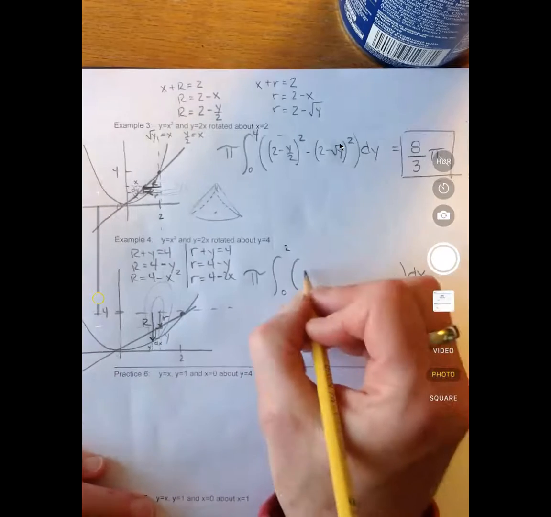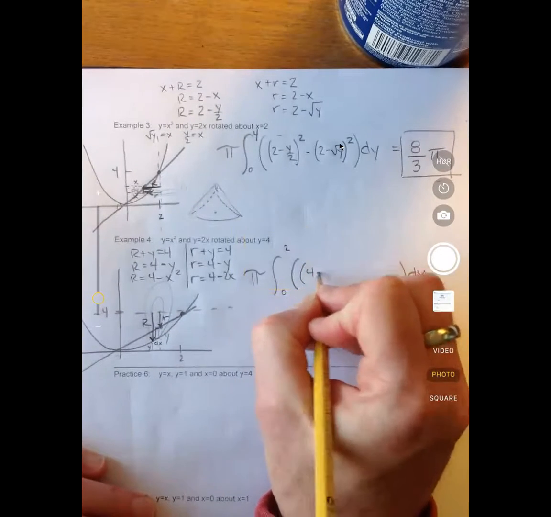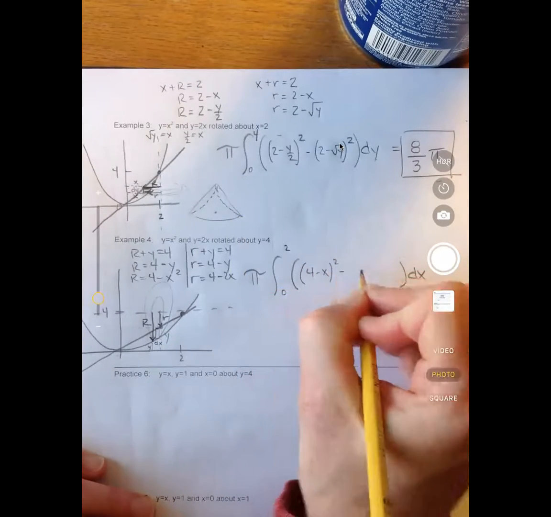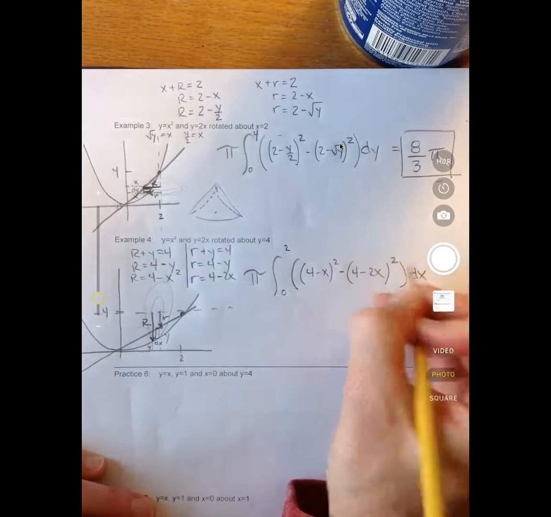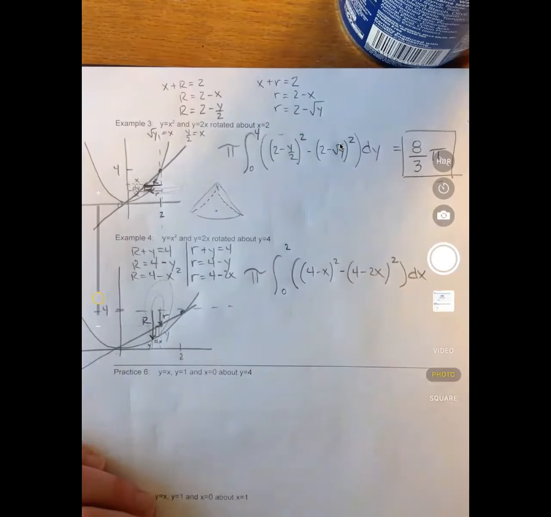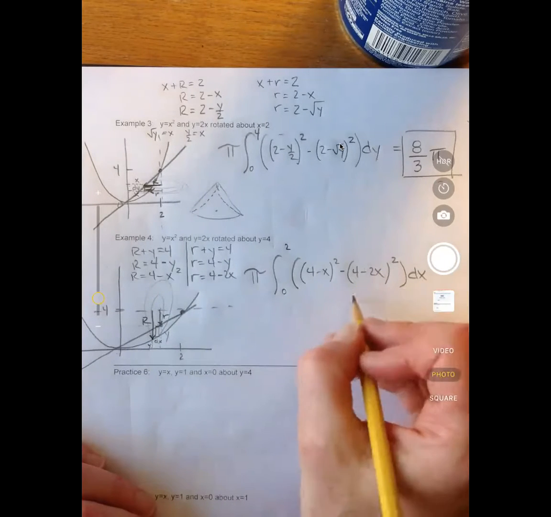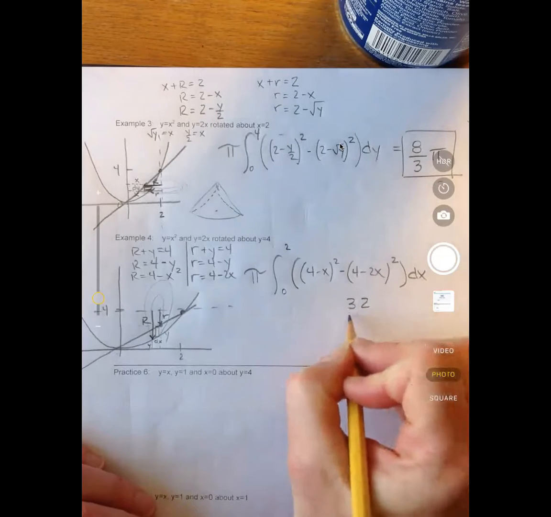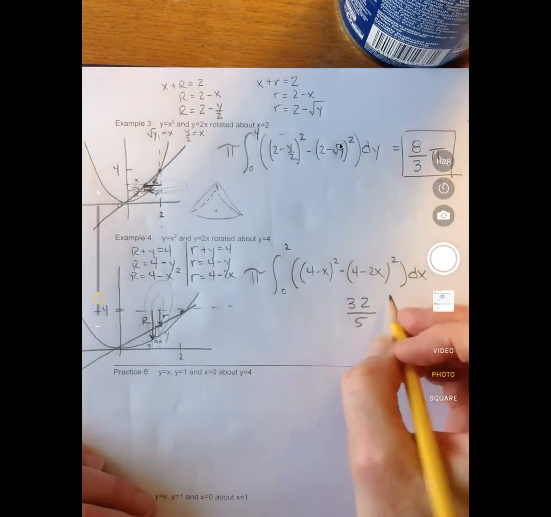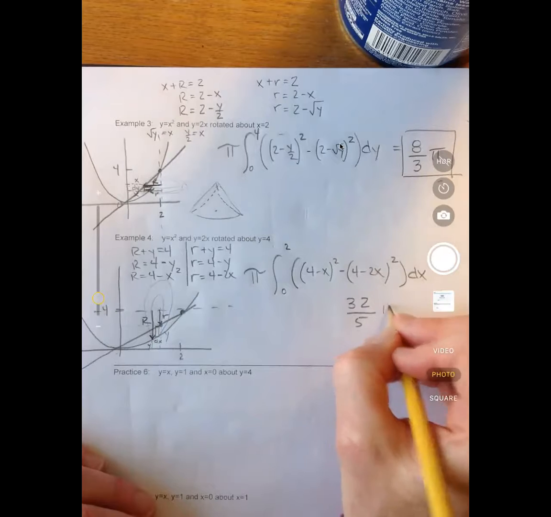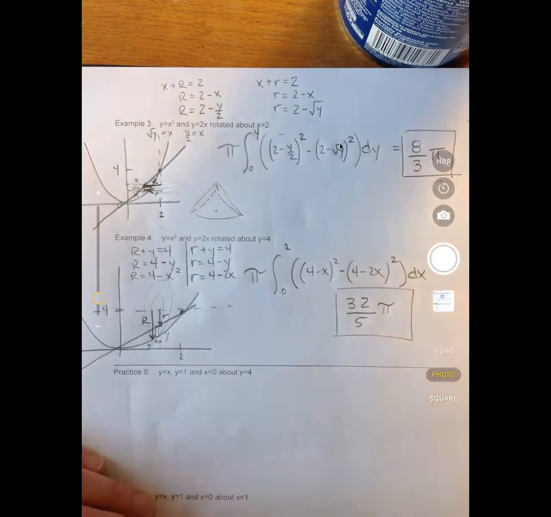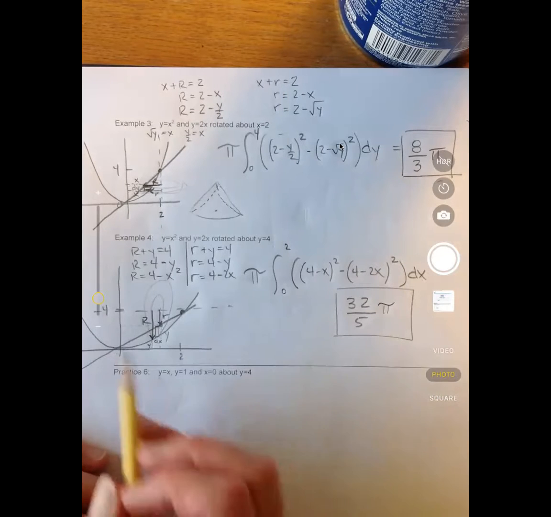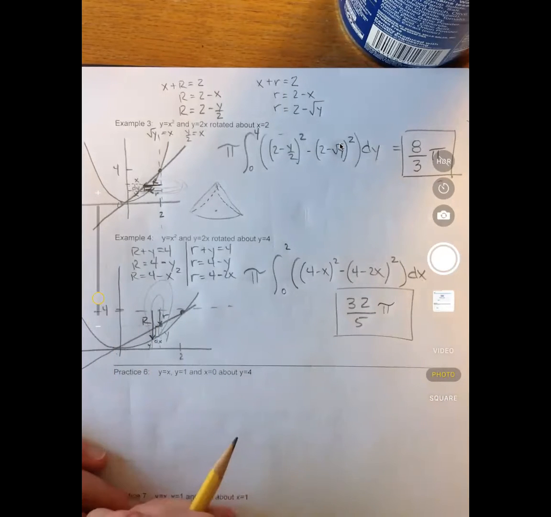And now I can set up big R squared minus little r squared. You can punch that into your calculator too and check that, and I got 32/5 pi, which is a little different than the other one because we were spinning it around this line of 4.